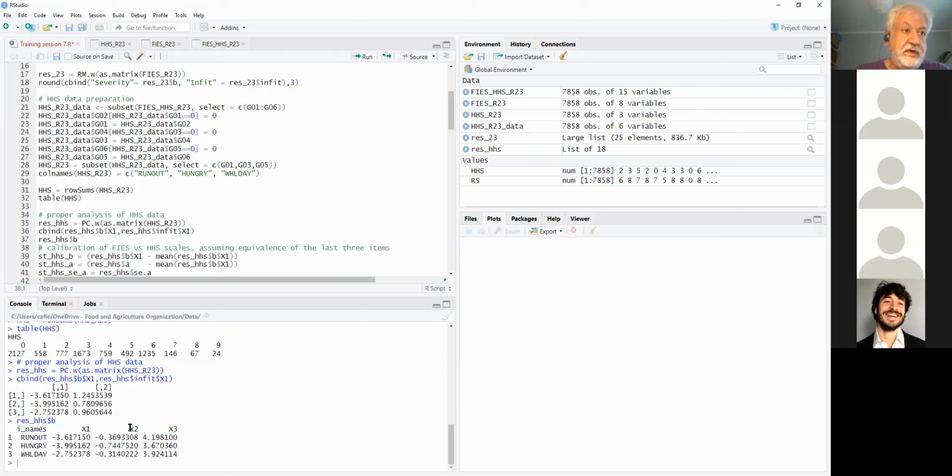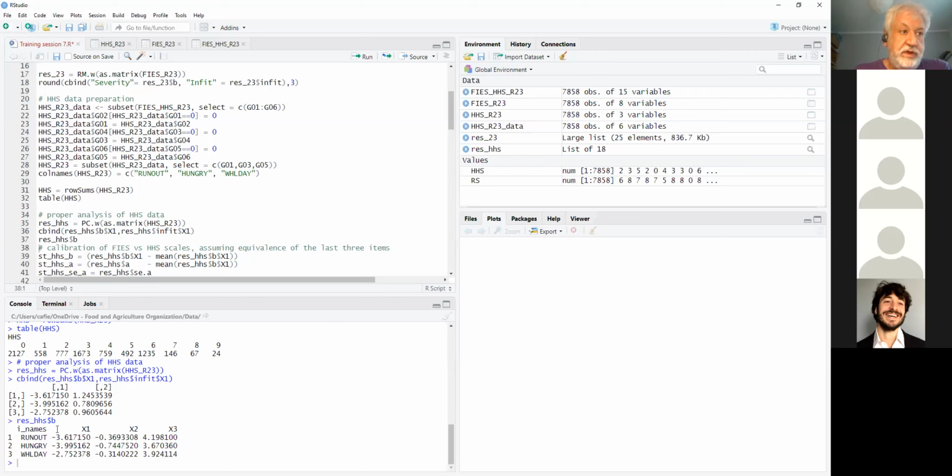What is listed in column X2 is the threshold, the severity level at which a respondent would switch from saying yes rarely to saying yes sometimes. And the last column is from saying yes sometimes to yes often.